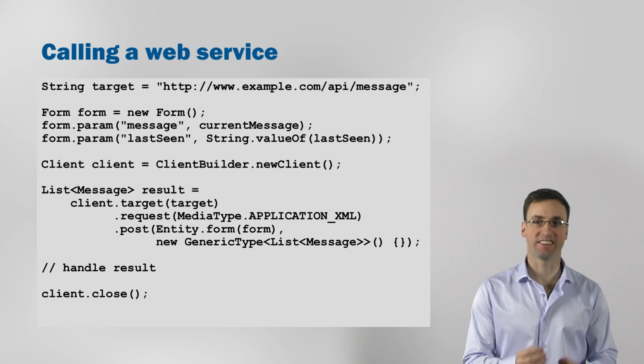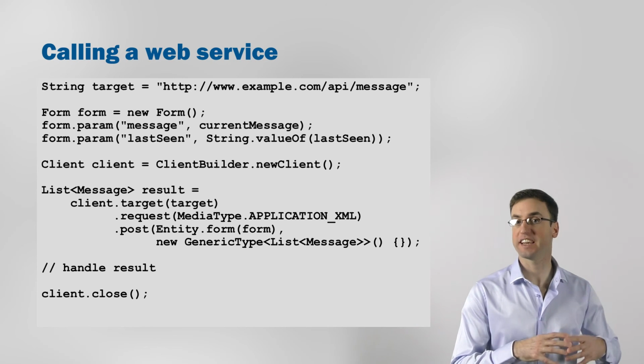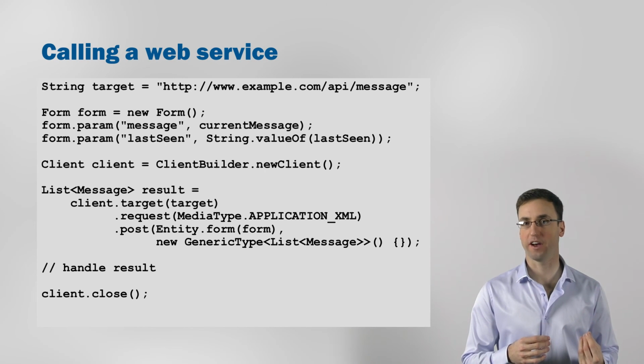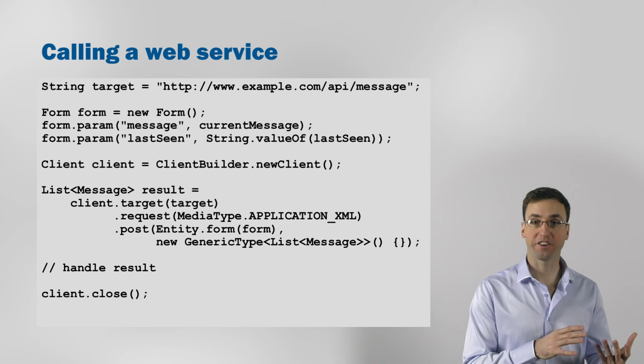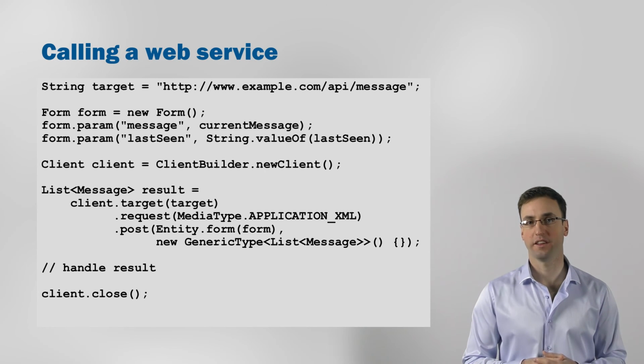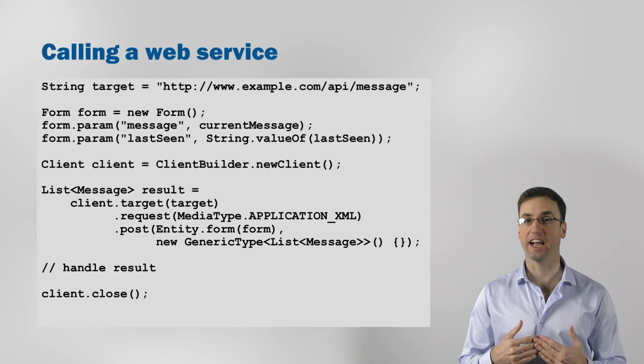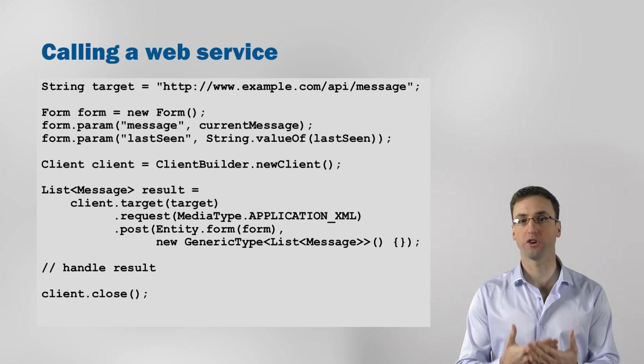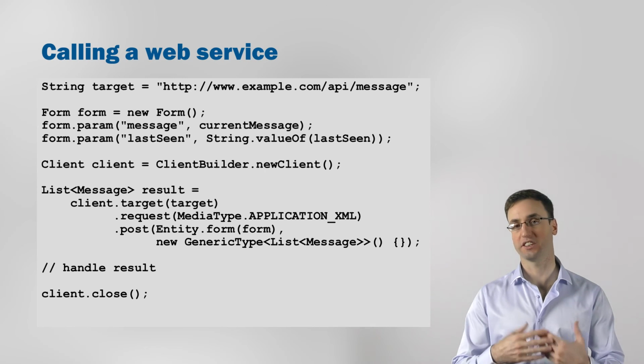Behind the scenes, this is necessary because Java code doesn't have access to generic information at runtime. At runtime, there's no difference between a list of messages and a list of objects. This is a clever trick that tells the JAX-RS client that yes, you really do want a list of message, not just a list of objects.